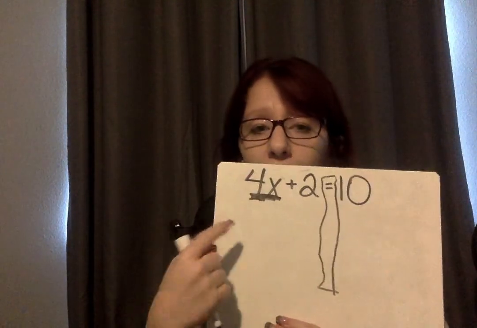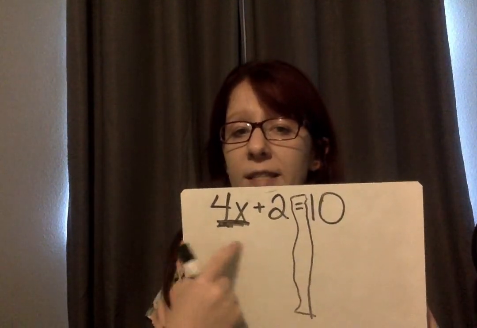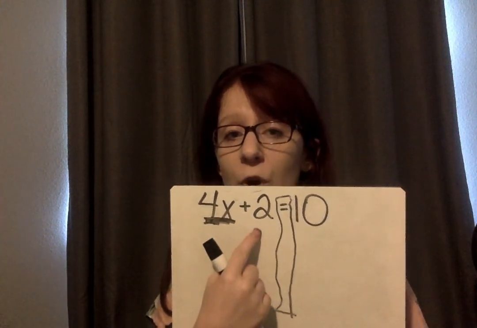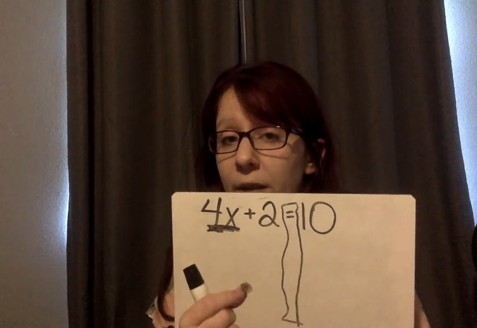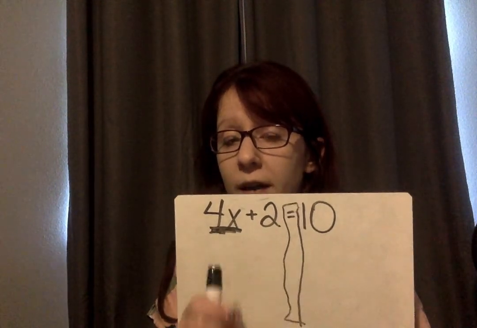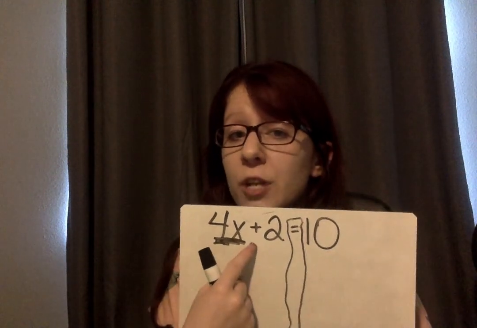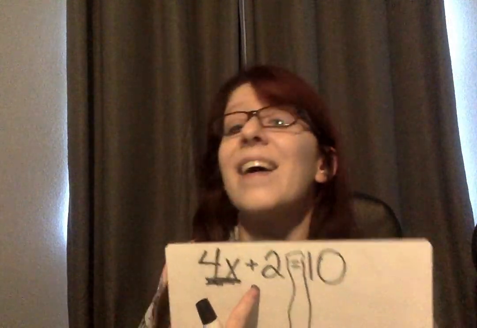Excellent. Okay, good. So we talked about for this problem that 4 is attached to our x and 2 is what's left over here, addition 2. So we need to do the opposite operation on both sides of the equal sign. First, our operation is addition.